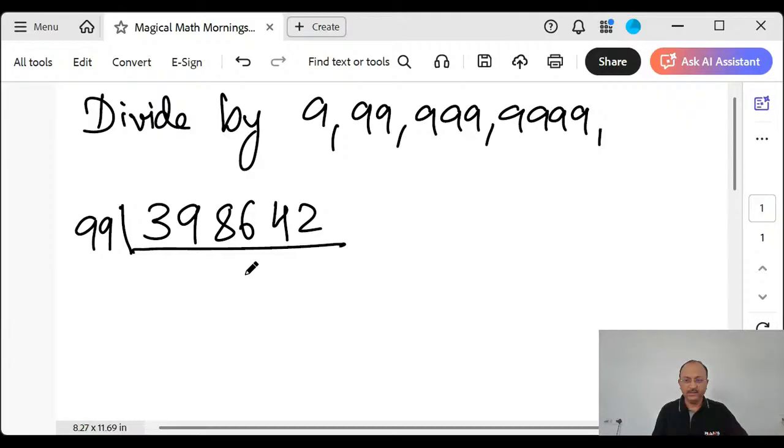Divide by 99 and take the answer, quotient and remainder. It's not that difficult. Only addition and one carry is there. So whenever there is a carry, keep it right here and take one step extra. That's it.